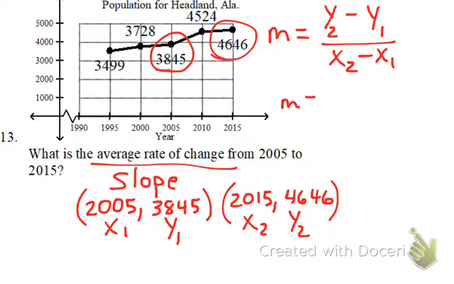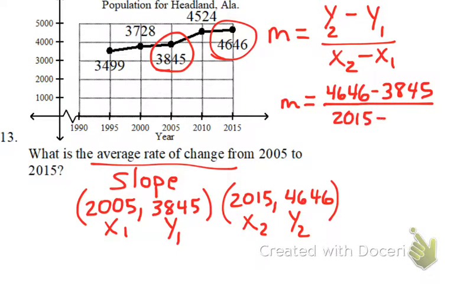Plug it into the slope formula. Y sub 2 on top, 4,646 minus 3,845 over 2015 minus 2005. Subtract on top, you get 801.